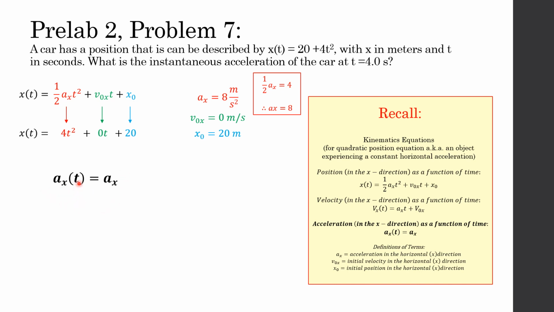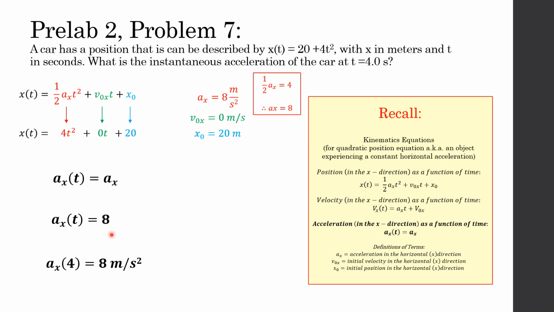So ax of t is equal to ax, and it's just ax because it's constant, right? So ax of t is equal to 8 because, as we established, the acceleration is equal to 8 meters per second squared. So now we want to know what the instantaneous acceleration of the car is at 4 seconds. If we plug in 4, you can see on the right-hand side of the equal sign, there is no t.